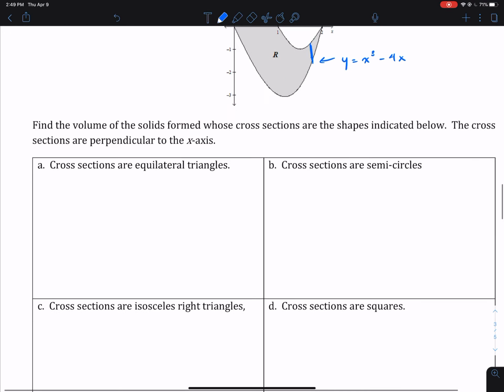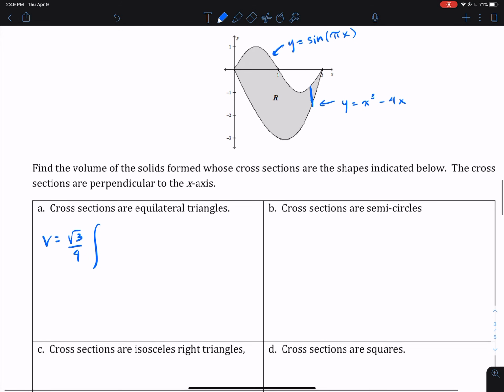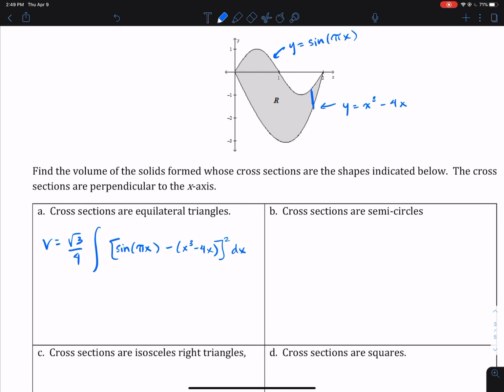Okay. So volume is from A to B, top function minus the bottom function squared dx. Now, where are your limits of integration? Your limits of integration are from 0 to 2. Okay. Now, at this point, I'm going to go ahead and use a calculator, and that's fine.